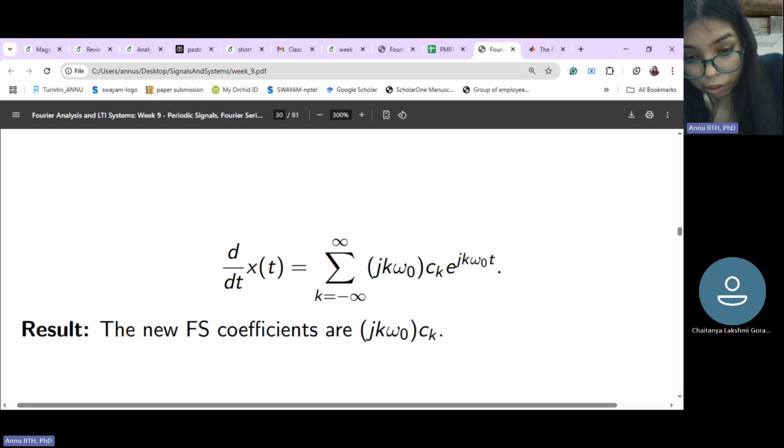So I would like for you to understand what was the case for the Fourier transform. Just give me a second. I will keep the charger.